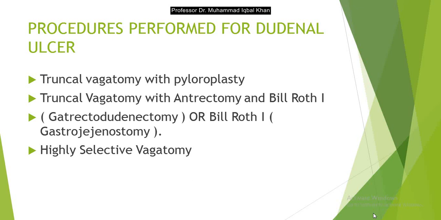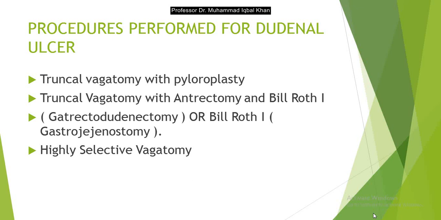So the Billroth 2 procedure is the procedure in which the distal stomach is cut and resected, with the duodenum kept there. Around 30 or 40 centimeters distal to the DJ junction, the jejunum is cut.